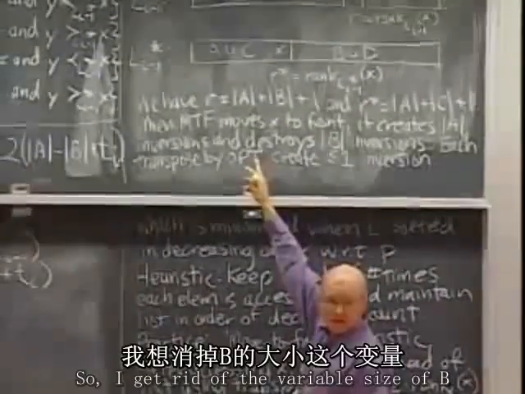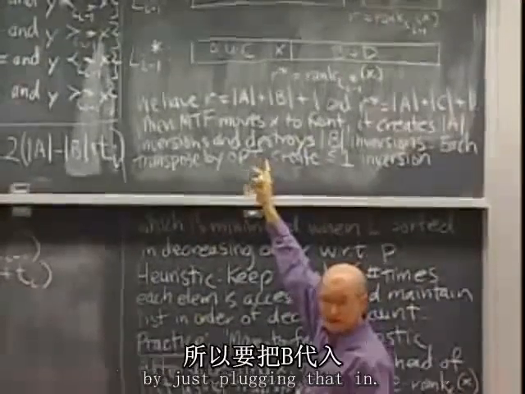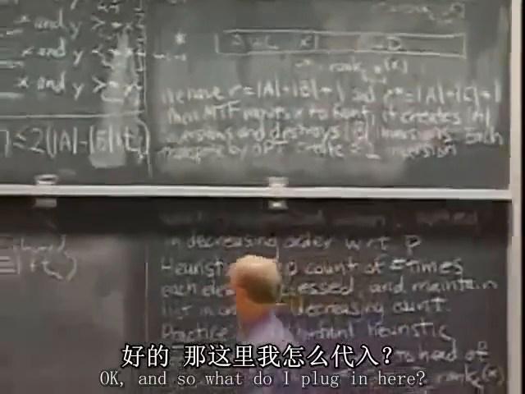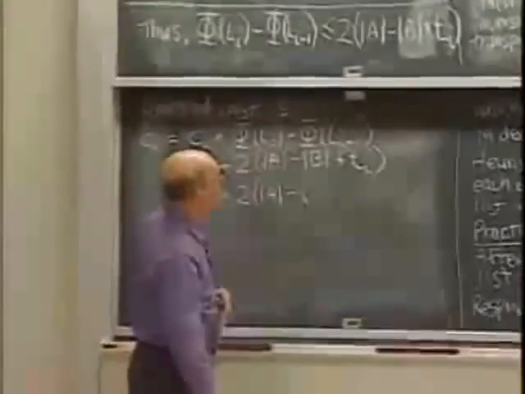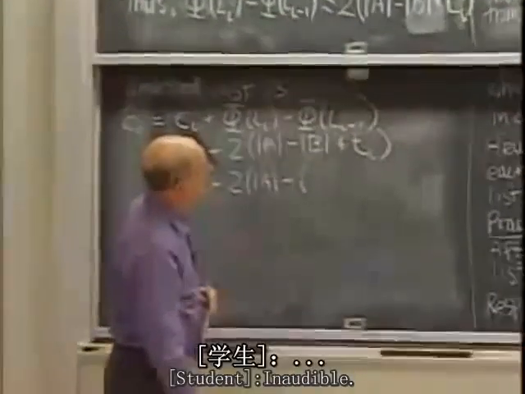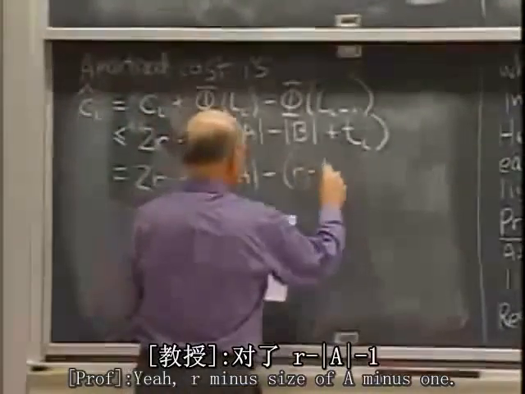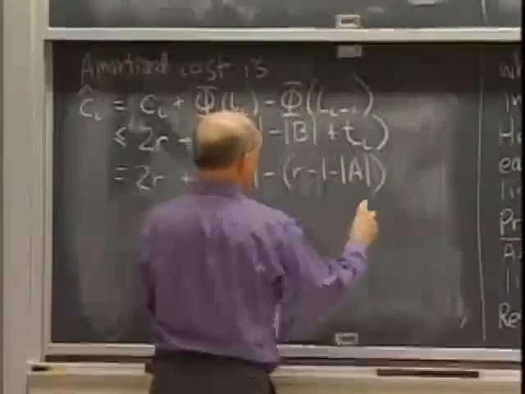So I get rid of the variable size of B by just plugging that in. And so what do I plug in here? What's B equal to? Yeah, r minus size of A minus 1. I wrote it the other way. And then plus t sub i.